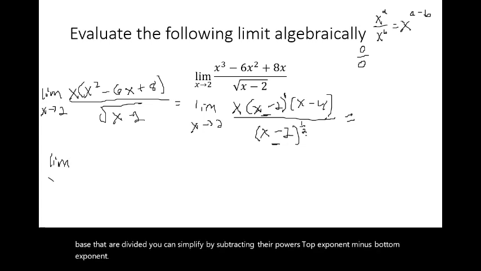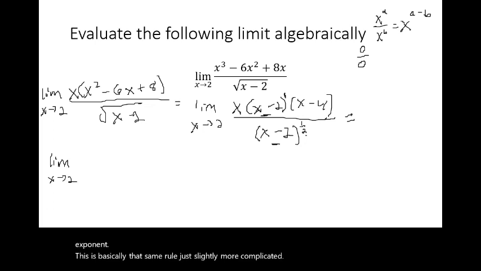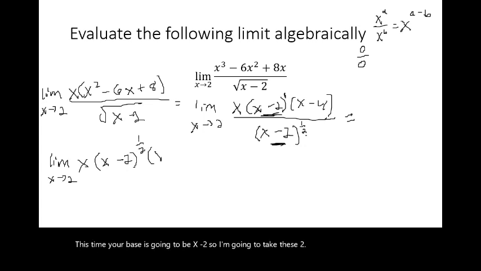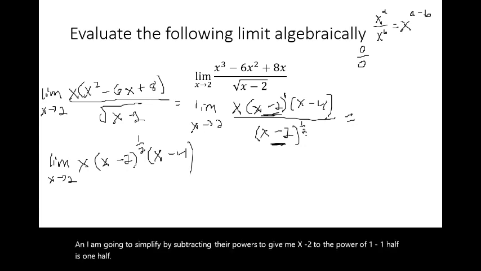This time, your base is going to be x minus 2. So I'm going to take these two, and I am going to simplify by subtracting their powers to give me x minus 2 to the power of 1 minus 1/2 is 1/2. And then everything else stayed exactly the same.